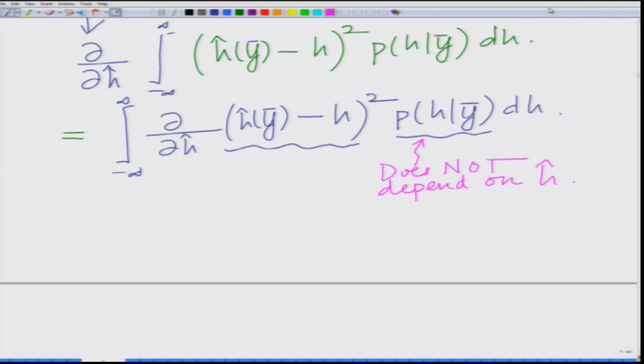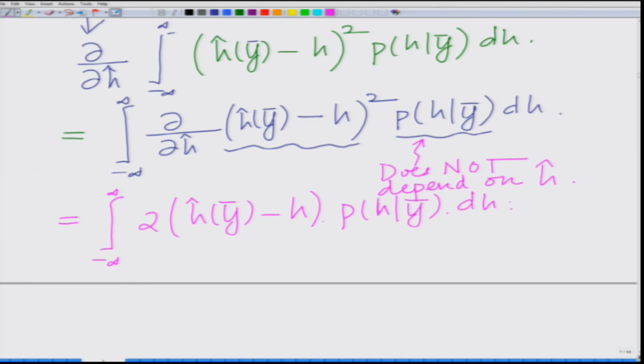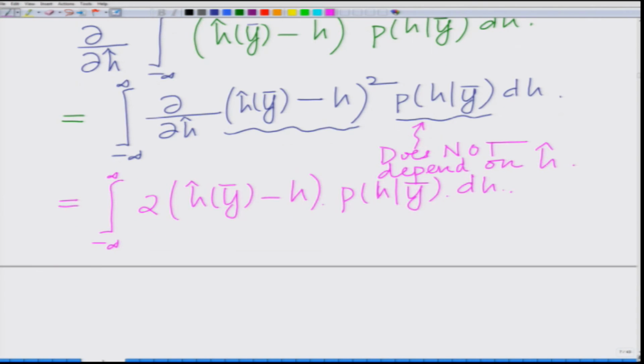Therefore, if I differentiate this with respect to h hat, I get the integral from minus infinity to infinity of twice h hat y bar minus h, p of h given y bar, dh. This has to be equated to 0 to find the h hat which yields the minimum.